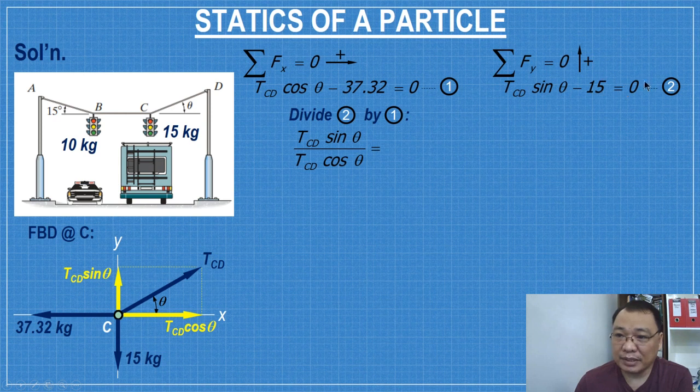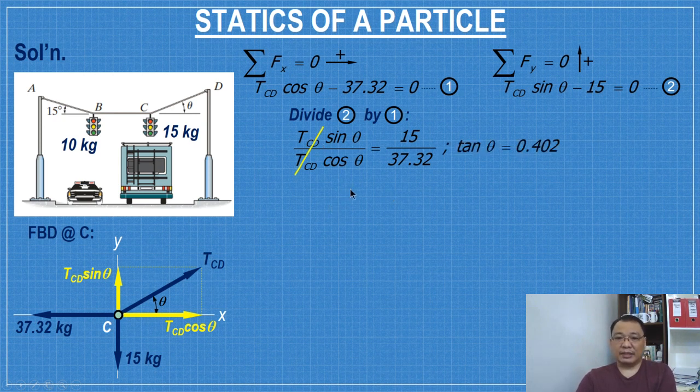Transpose the 15 to the right side, and transpose the 37.32 to the right side. So TCD sin theta equals 15, and TCD cosine theta equals 37.32. And then after this, cancel TCD, and you have tangent theta.